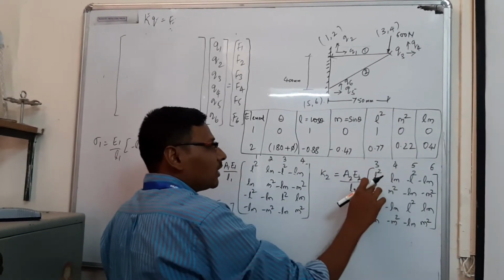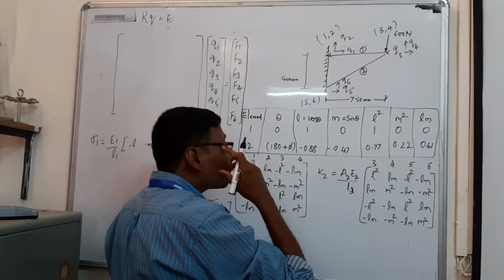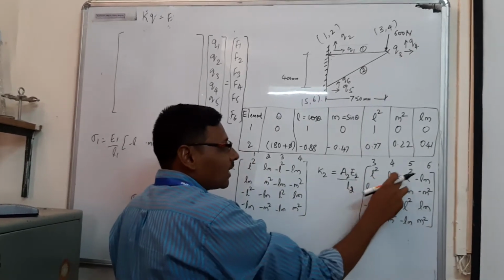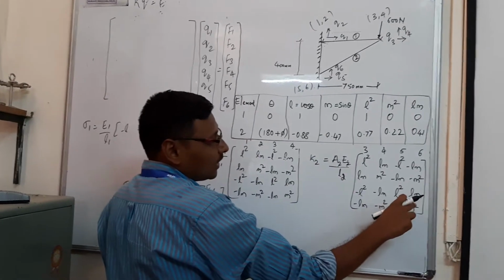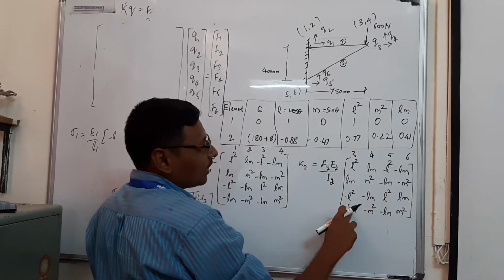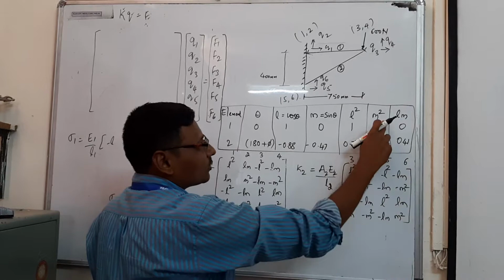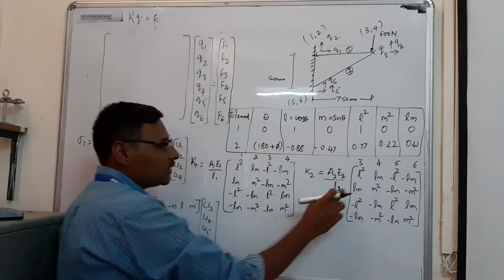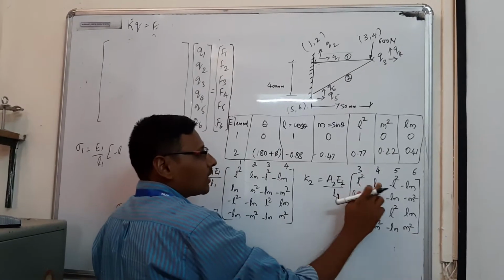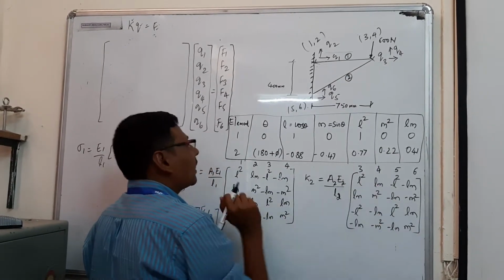In the matrix you find the different terms, that is l square, lm and m square. Now let us calculate these terms, that is l square, m square and lm.